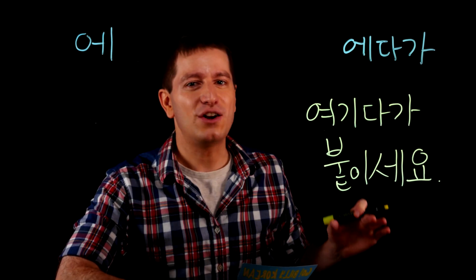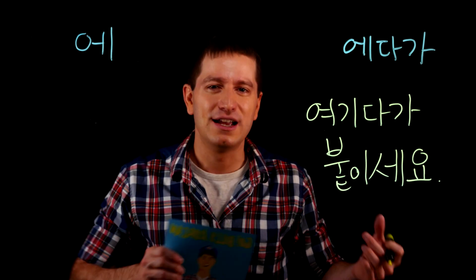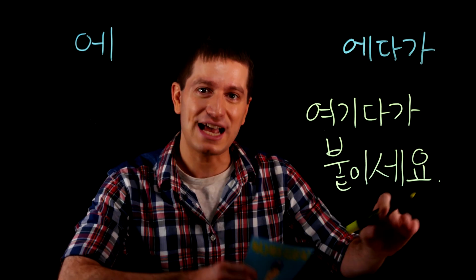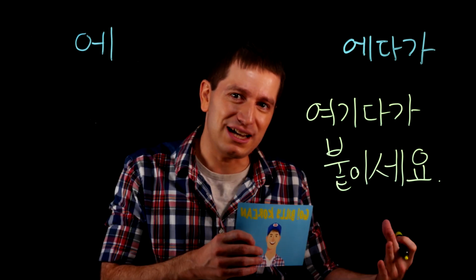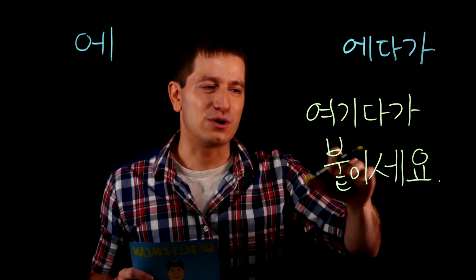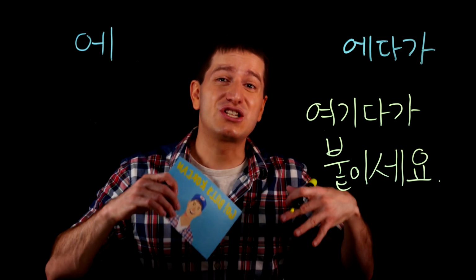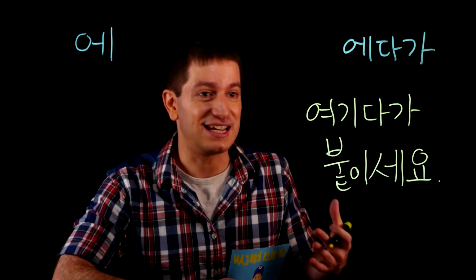에다가, however, can also be used to show where something happens. So you can have this sentence, 여기다가 붙이세요. That's like saying, please stick it onto here. Now, using 에다가, or here 다가, which gets shortened after 여기, this means that it's going to emphasize the location or place where something is happening.